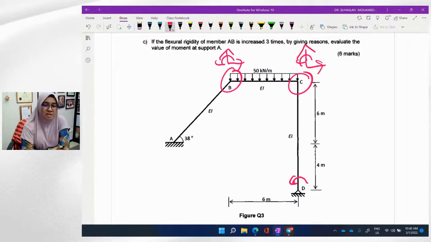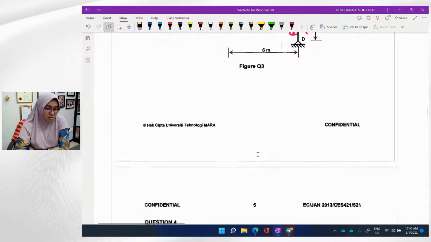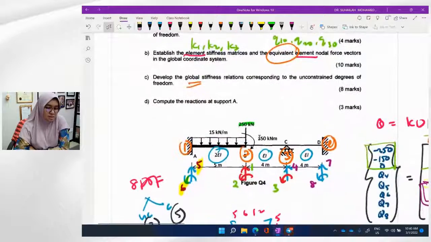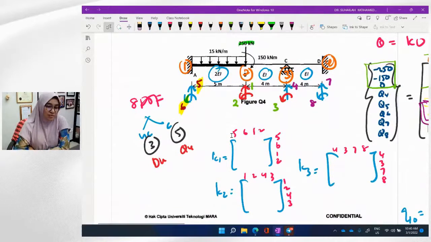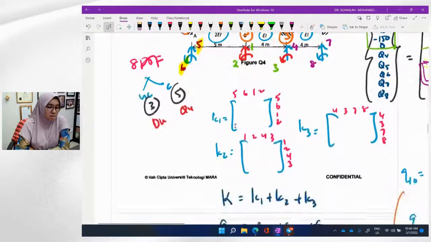So this question is not suitable to solve using manual calculation of stiffness method. We can solve it using stiffness method, but we cannot solve for unknown displacement manually. Okay, we move to the next question. This one I have also explained how to analyze in my previous video. Okay, so next.